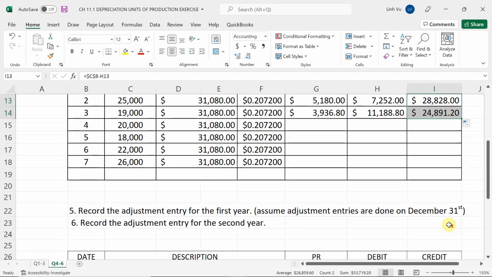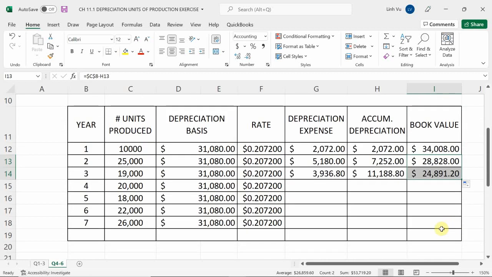All right, year 4. What's my depreciation expense if I drove 20,000 miles? 4,144. Okay.